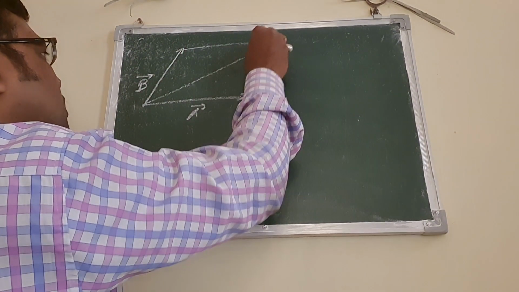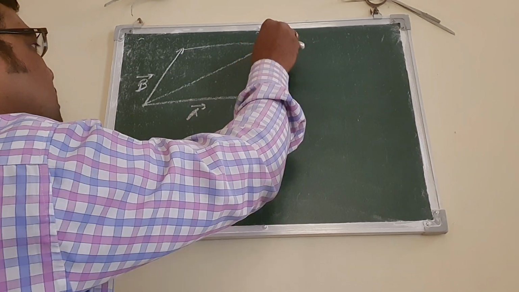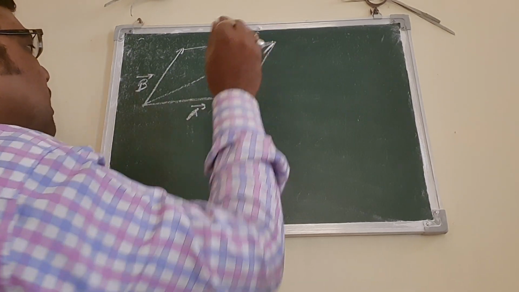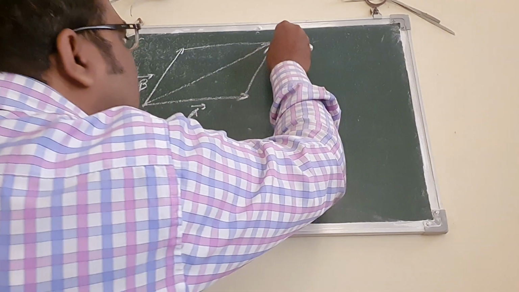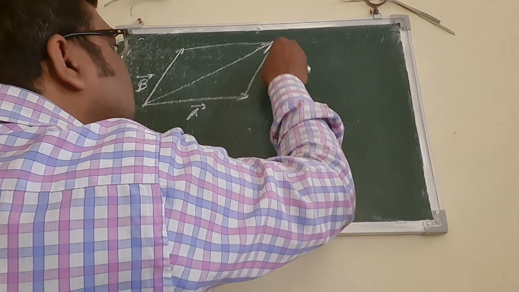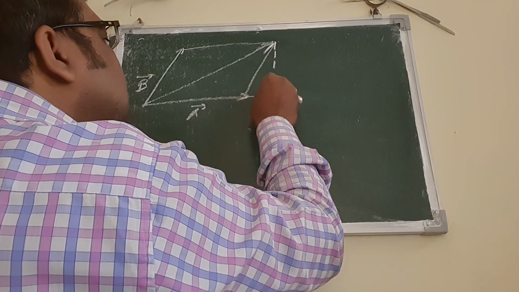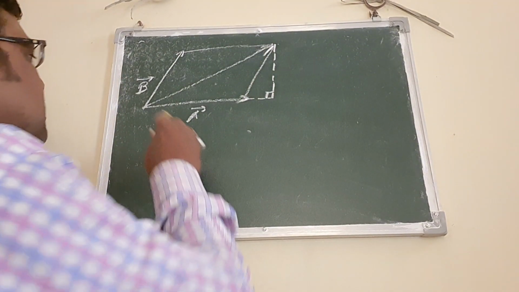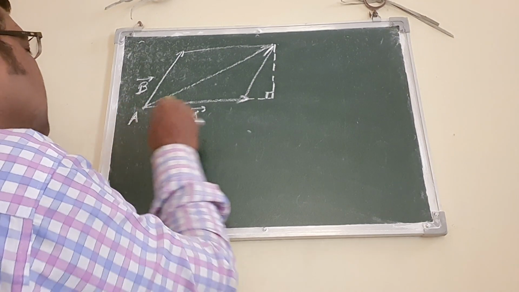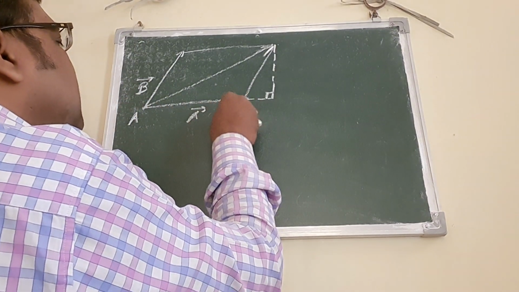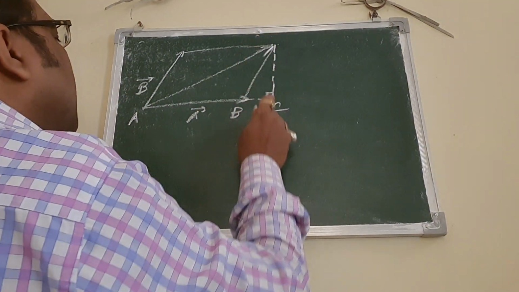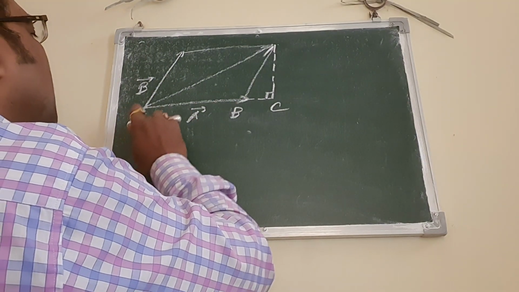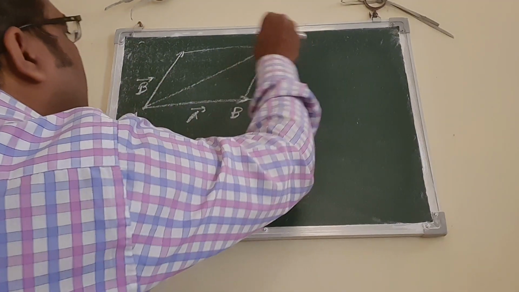Here a parallelogram is being completed. I am drawing with the dotted line and completing this right angle triangle. This angle is 90 degrees. So this is A, B, C, D, and this is O.